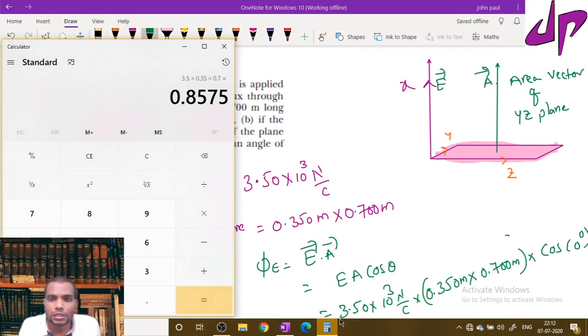So by using 3.50 times 0.350 times 0.700 equals 0.8575.